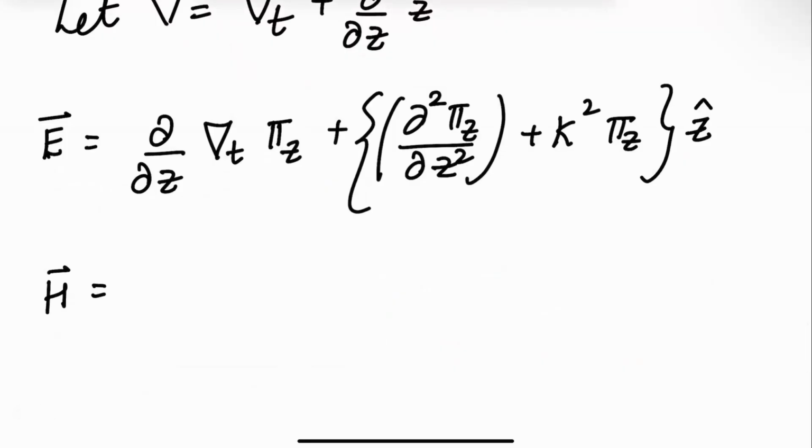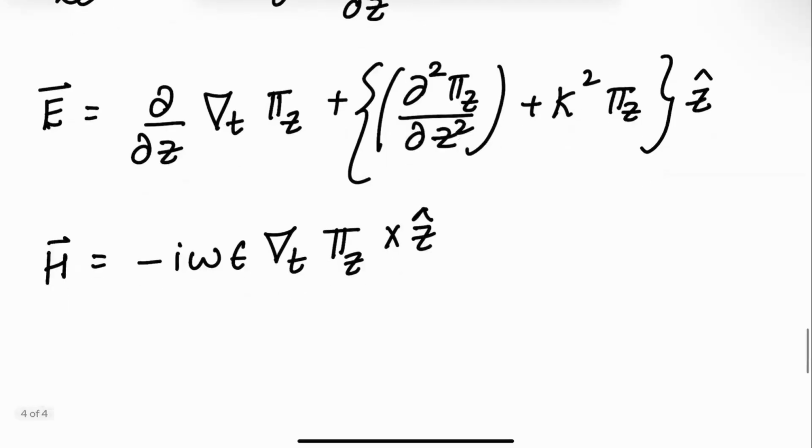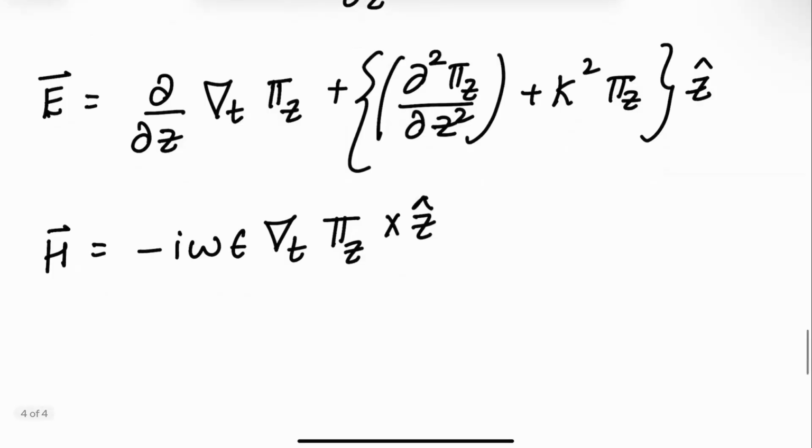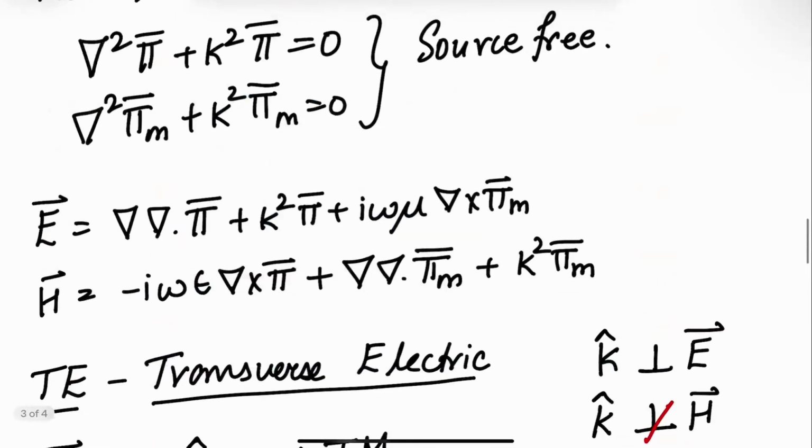You can also write H as minus i omega epsilon del t, pi z cross z hat. And this also comes directly from the equation for H out here.